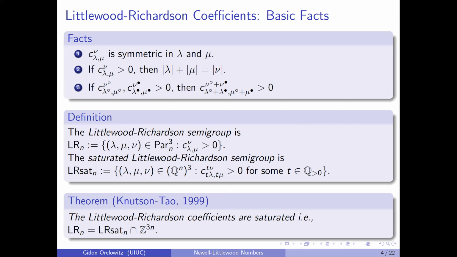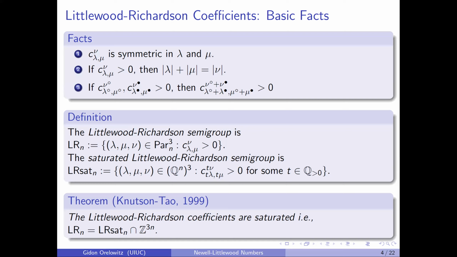So clearly the LR semigroup is contained in the saturated LR semigroup, because for any Littlewood-Richardson triple, you just scale it by 1. And obviously the other direction is not true because, for instance, the saturated Littlewood-Richardson semigroup contains fractional partitions, like 1/2, 1/2, 1, which isn't going to be in the Littlewood-Richardson semigroup.